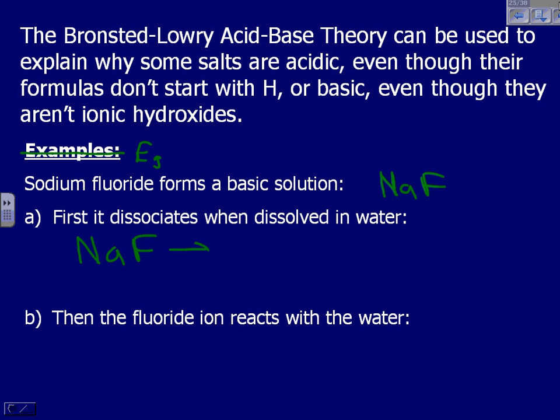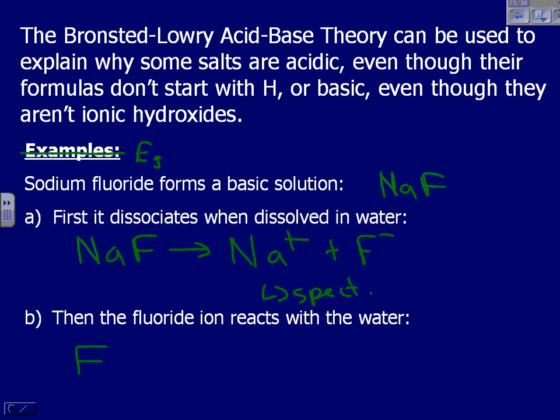NaF is going to become Na+ and F-. Now, the person who made the note is telling you which one's going to react, but you could have determined that. What do we know about sodium? It's a spectator. It's not going to do anything. That thing's spectating. So it's going to be the fluoride that reacts with the water.